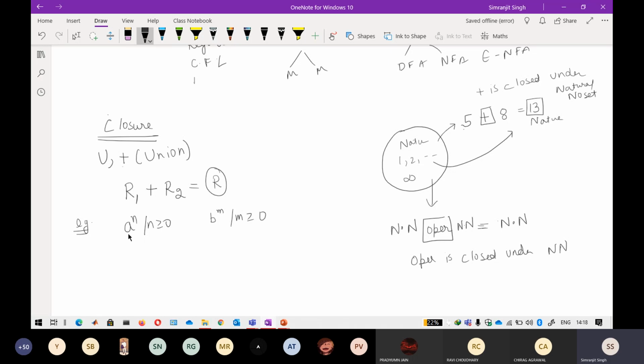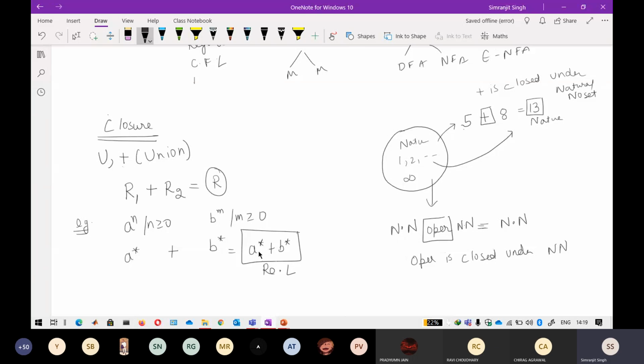You can directly write the regular expression for the first one as a star, because n is greater than or equal to 0. Similarly, m is again greater than or equal to 0, so you can denote this by b star. If I apply a plus operator between them, it becomes a star plus b star.